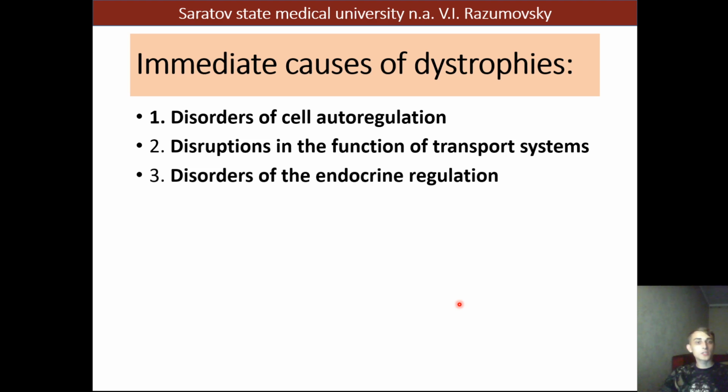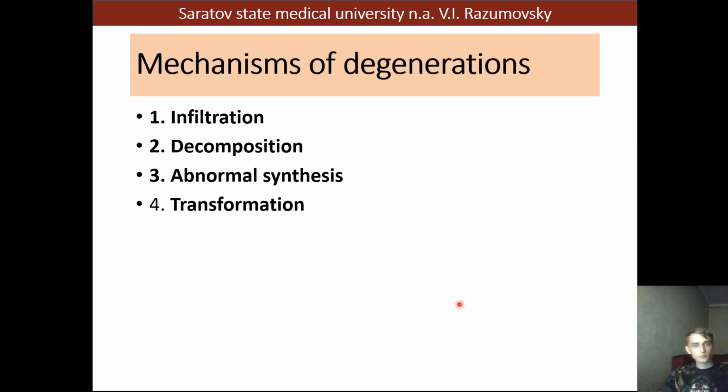The third is disorders of endocrine regulation. Neuroendocrine regulation is a very important part of regulation in our body, for the health of our organism. So every disorder in this neuroendocrine regulation will lead to dystrophies or degeneration.